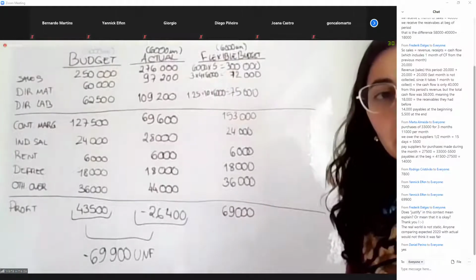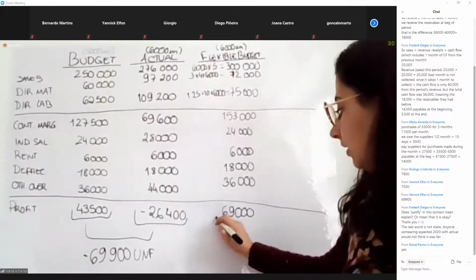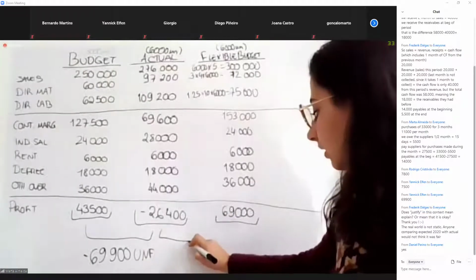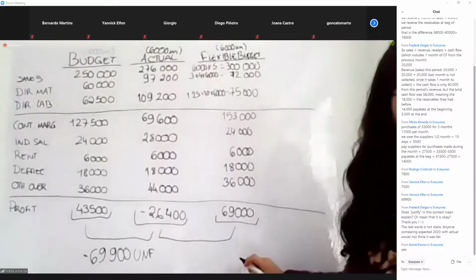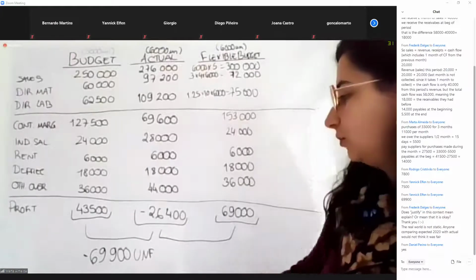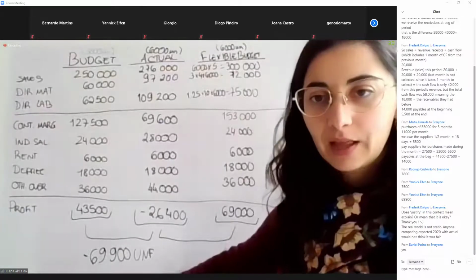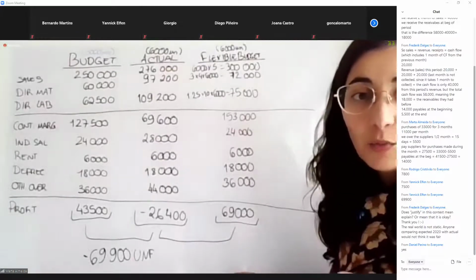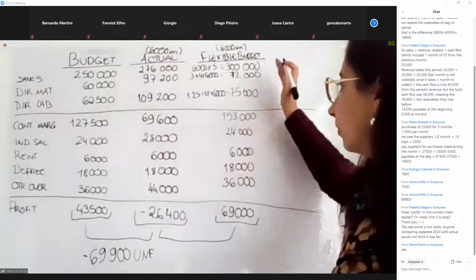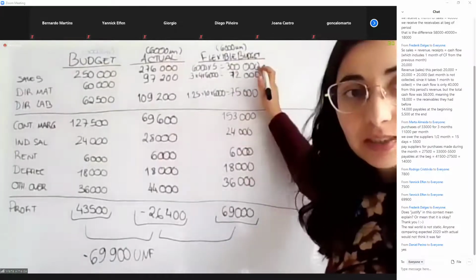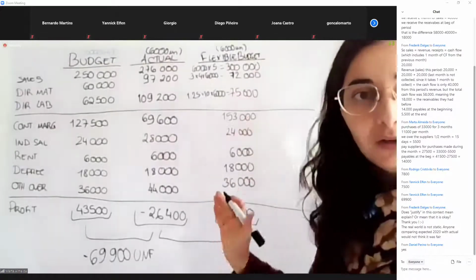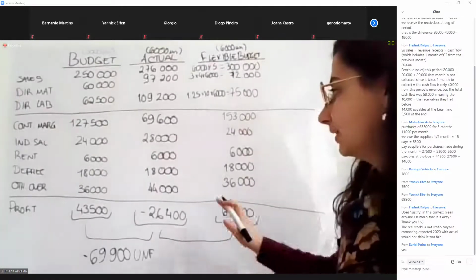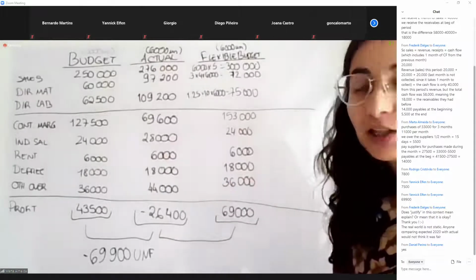Now we see the difference between what the profit should have been and the actual result. The loss is even higher than what we had before. That was because we had so many things going wrong in terms of prices and in terms of efficiency. Everything that could go wrong went wrong, almost, except for the rent and depreciation.